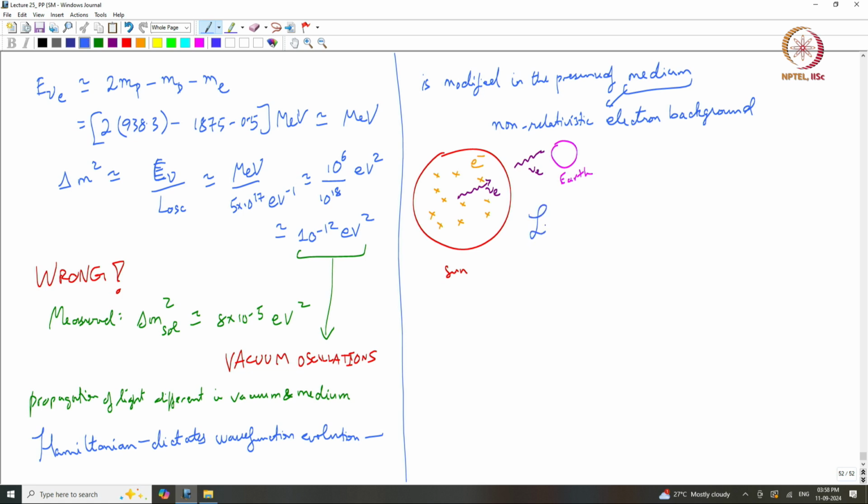That comes from considering the Lagrangian for neutrinos interacting with electrons. First, let me write the kinetic term because that is important for propagation, of course. So, that is the kinetic term, and I am going to rewrite the interaction with electrons this way. So, how does an interaction happen? Let me draw a Feynman diagram to illustrate that.